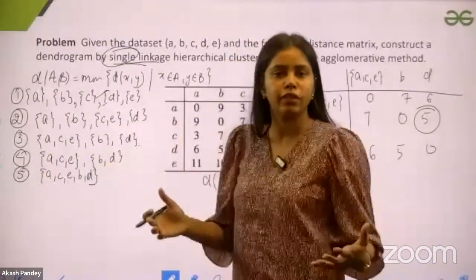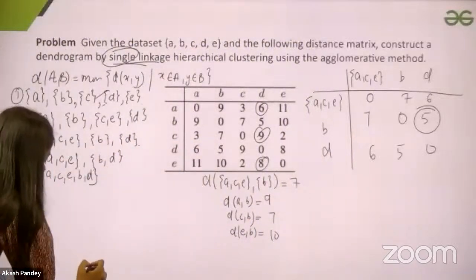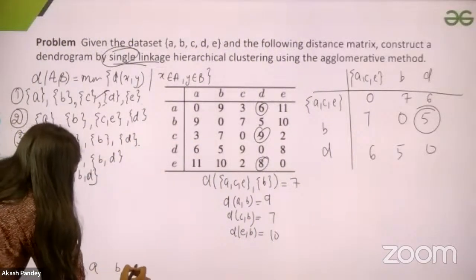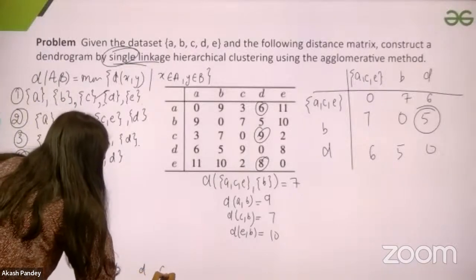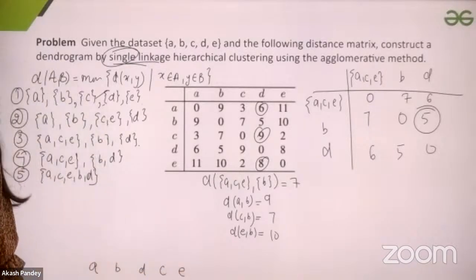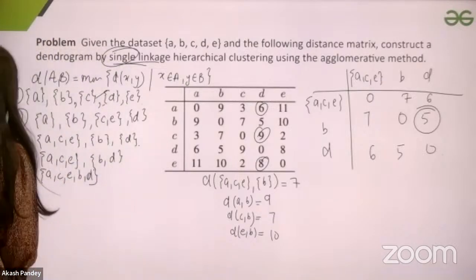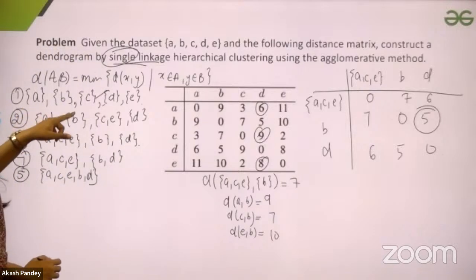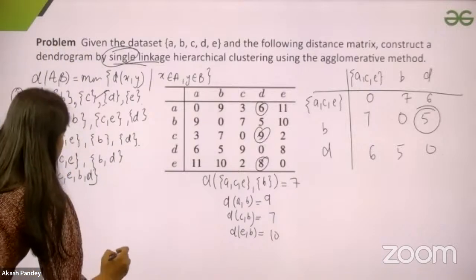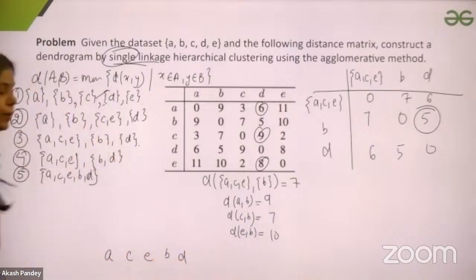But they asked me to draw a dendrogram. So you can draw a dendrogram somewhat like this. Let me write down here A, C, E, B, D. Why am I taking it like this?